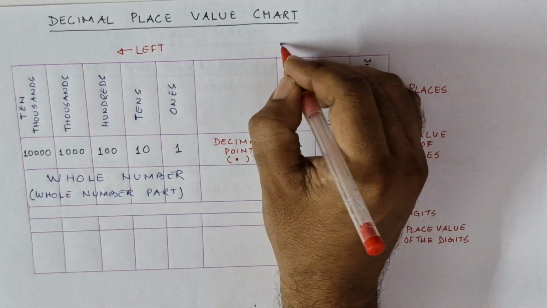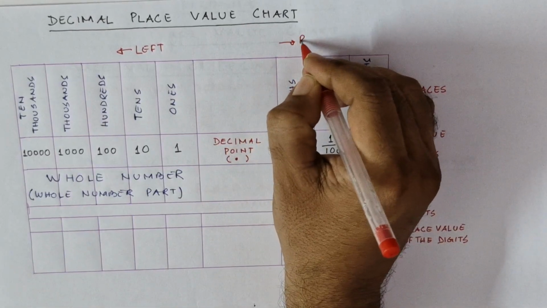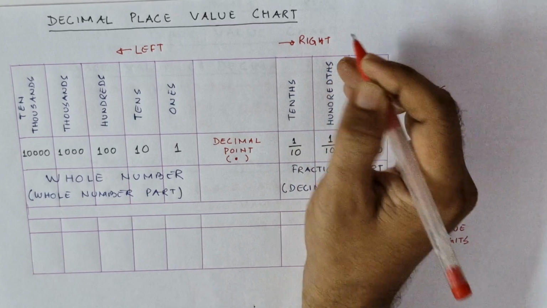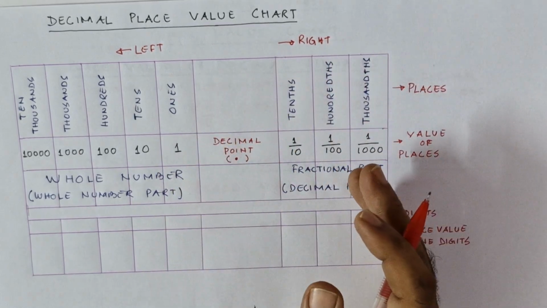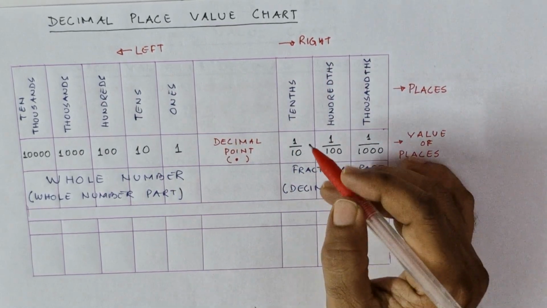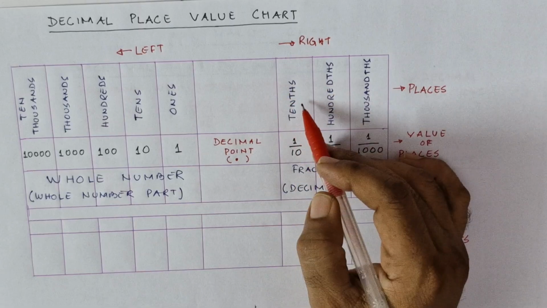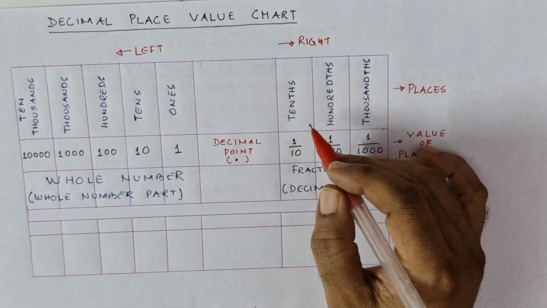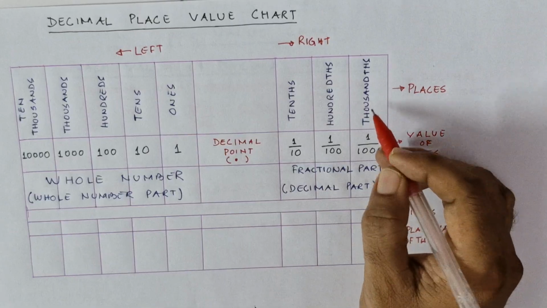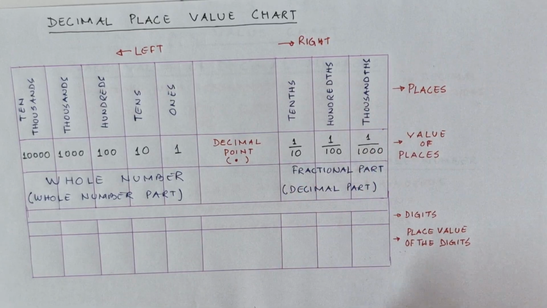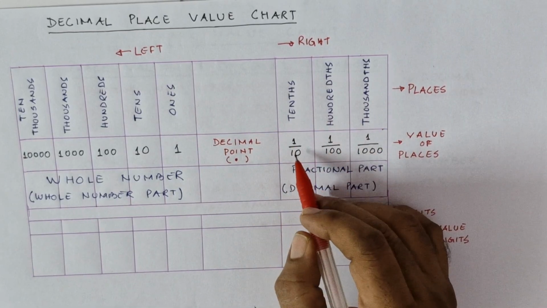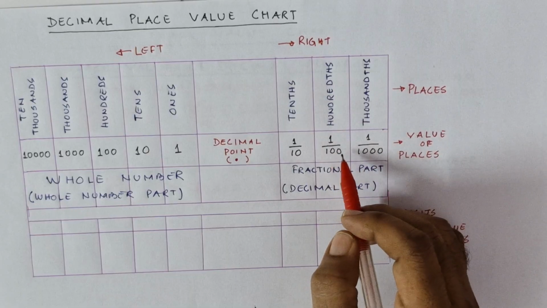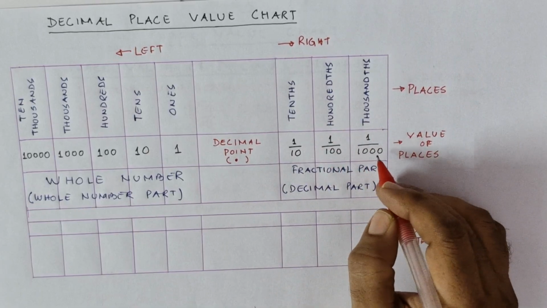Now see, this is the right. On the right hand side of the decimal, what do you see? This becomes tenths. So not tens but tenths, hundredths, thousandths. This can be written as tenths means 1 by 10, hundredths means 1 by 100, thousandths means 1 by 1000, and so on.